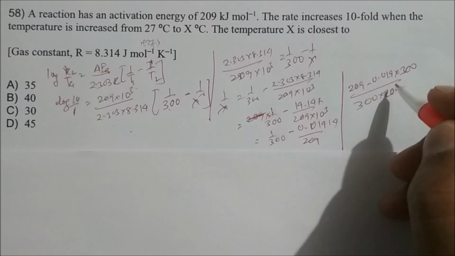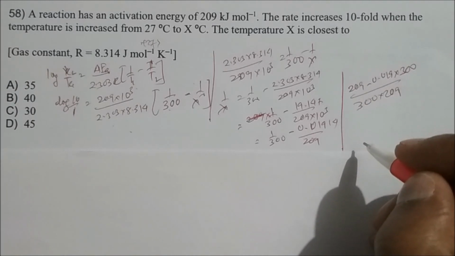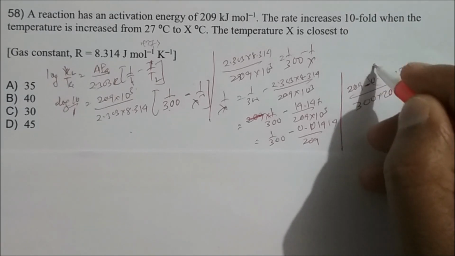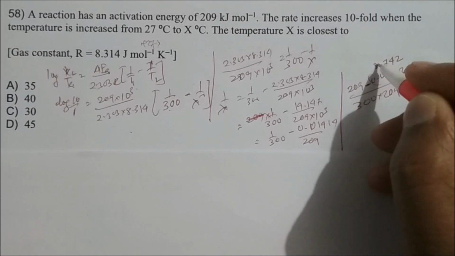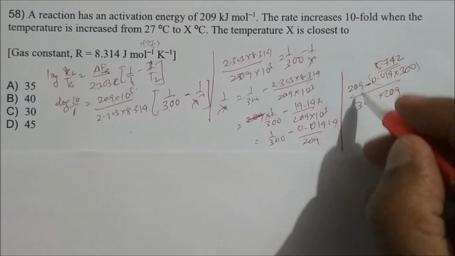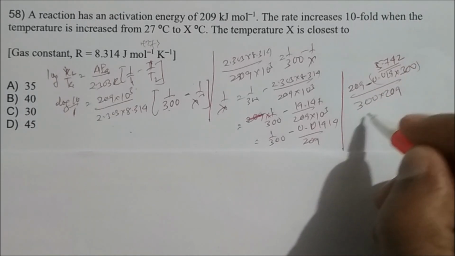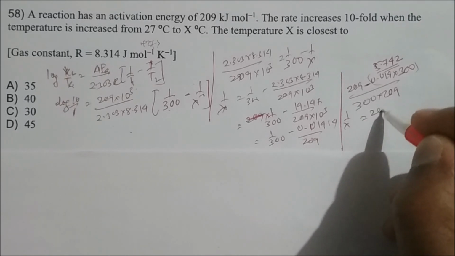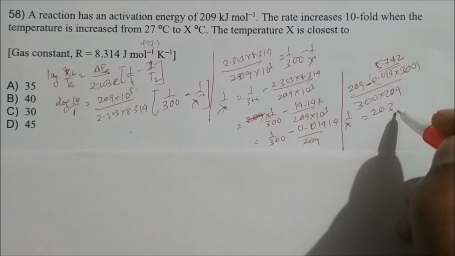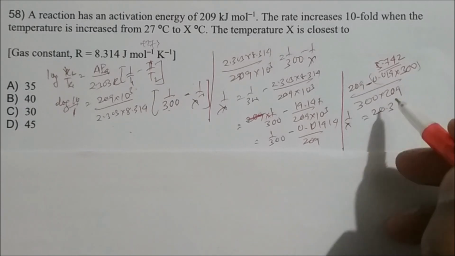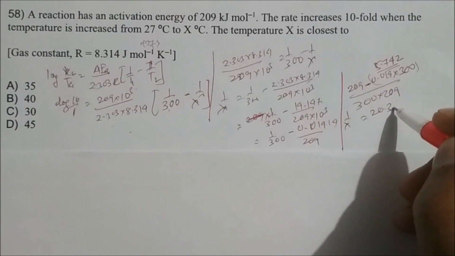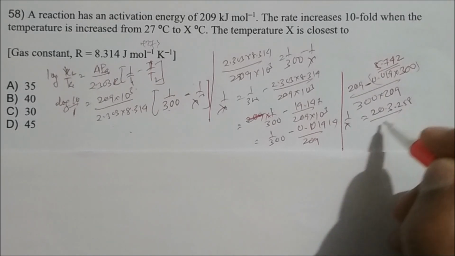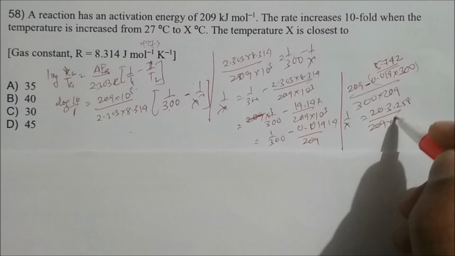If you multiply it, the whole value is 5.742. So 1 by X will be equal to 203.258, divided by 209 into 300.